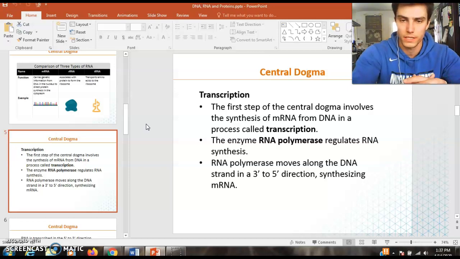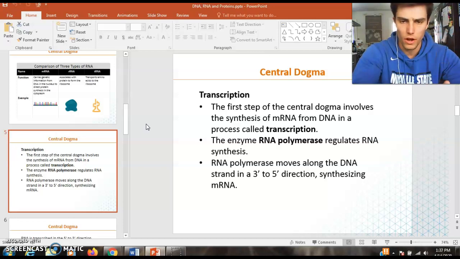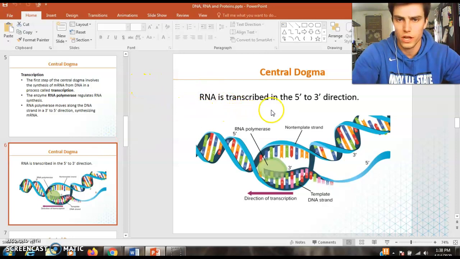So there's a specific enzyme that regulates this synthesis. Now, RNA polymerase moves along the DNA strand in a 3' to 5' direction. So they're going to synthesize that mRNA specifically because of the direction it's going. So RNA is transcribed in the 5' to 3' direction.